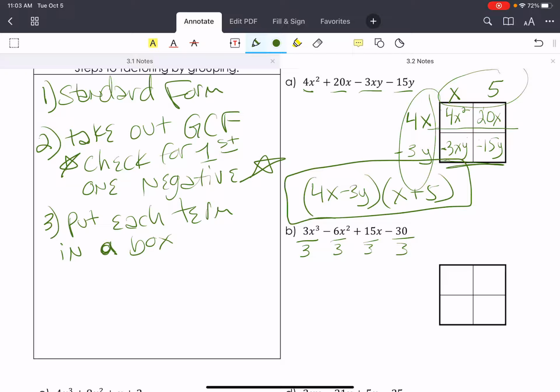So before we can put them in the box, we have to take out any GCFs at the beginning. We're not ready for the box until we've gotten rid of GCFs. Okay?